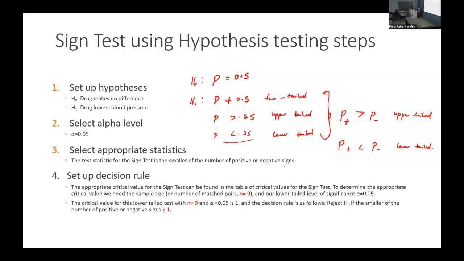In our example, we got 7 positives and 2 negatives. Maybe I could just do it right here.